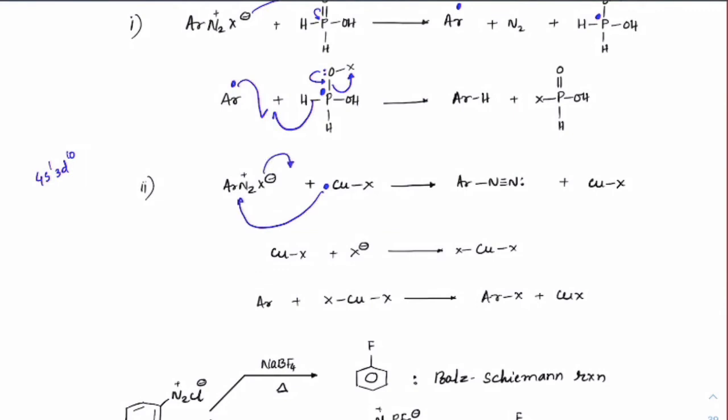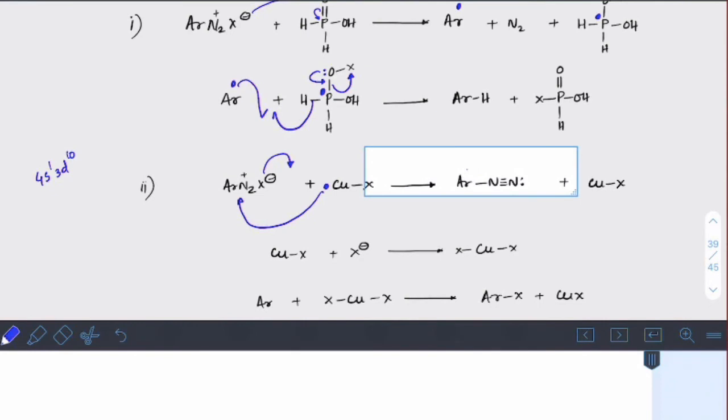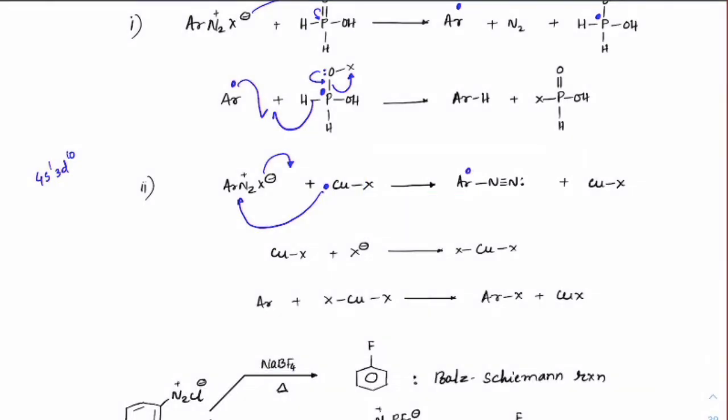First we will have X minus removed, and this will have a dot, sorry, here on nitrogen, not on phenyl, on the nitrogen, because nitrogen was getting that positive charge. Now nitrogen has this positive charge.